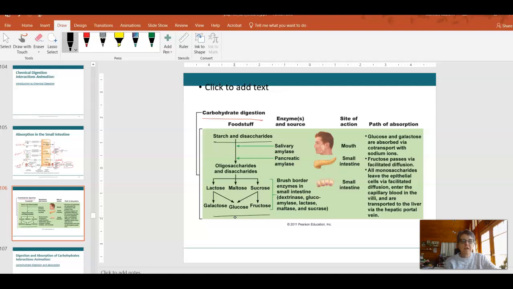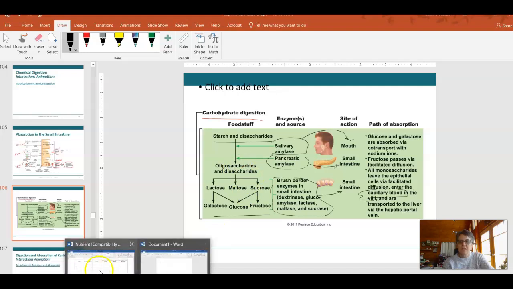The enzymes we saw for breaking down carbohydrates are salivary amylase in the mouth, pancreatic amylase working in the small intestine, and then brush border enzymes, all ending in -ase, that are doing it in the small intestine. From there, they're getting absorbed into a blood capillary in the villi.